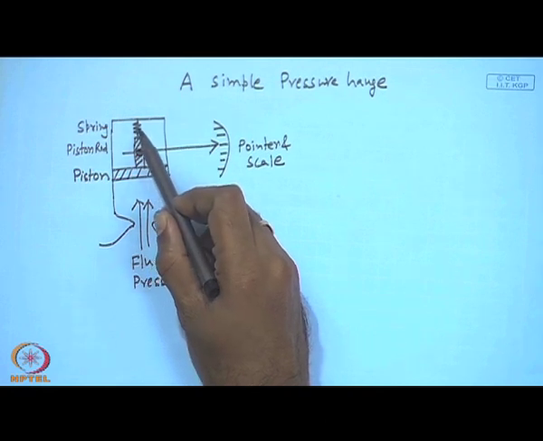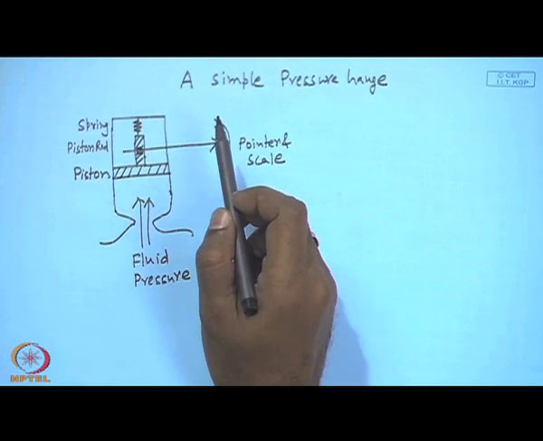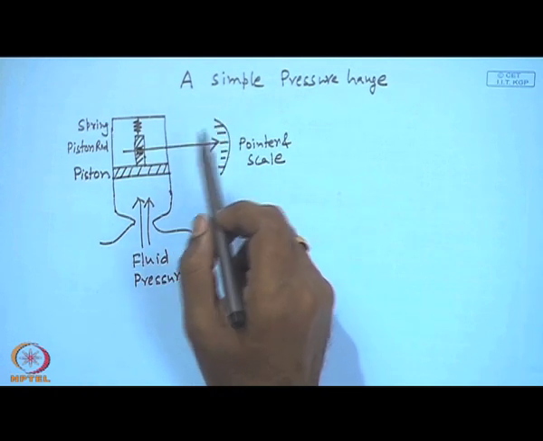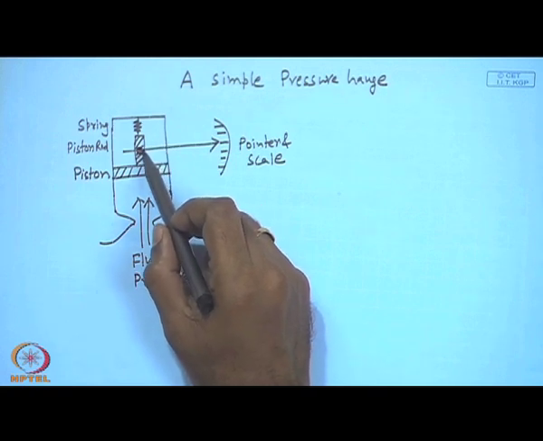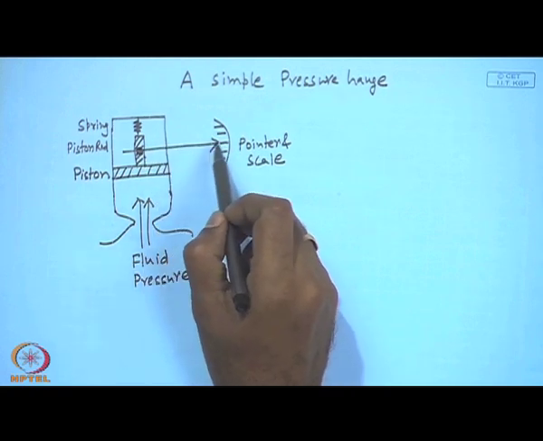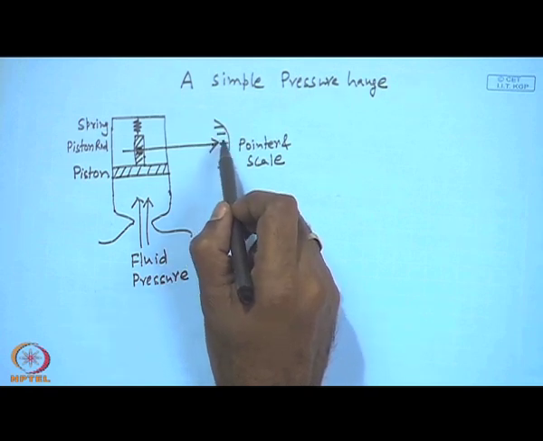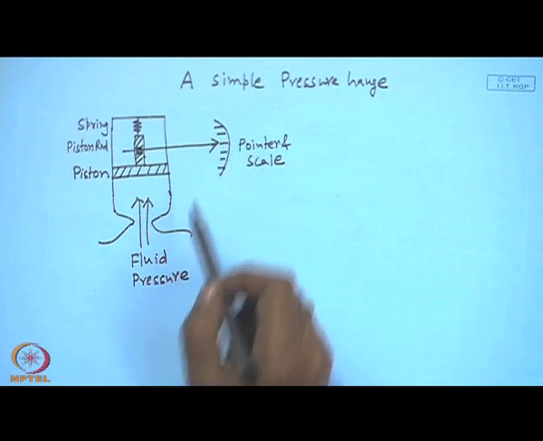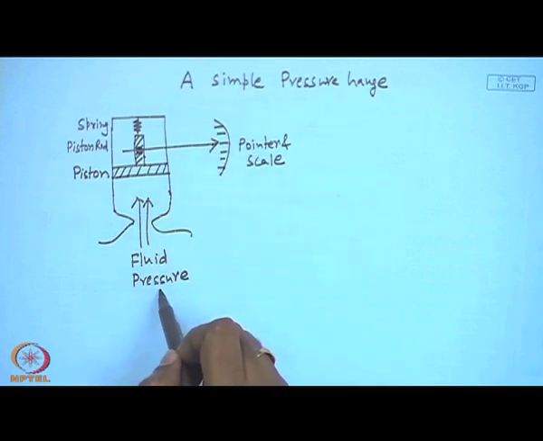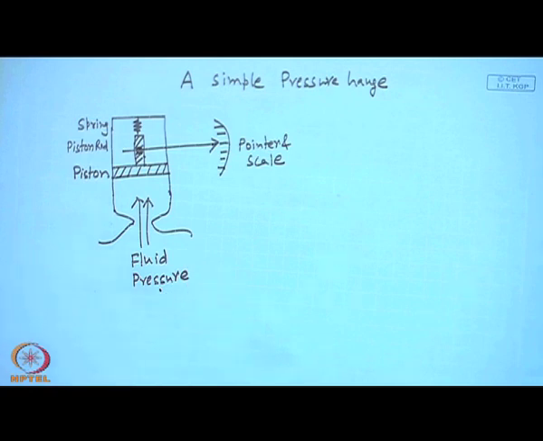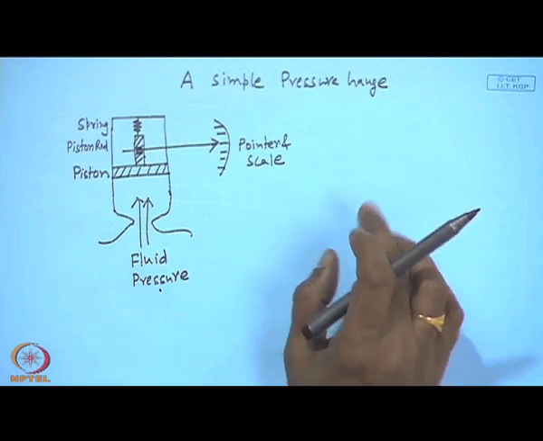So, the spring gives displacement or motion as output signal, which can be used to move this pointer against this scale. So, the deflection of the pointer against this scale can be read as a measure of this fluid pressure. It is a very simple pressure gauge.